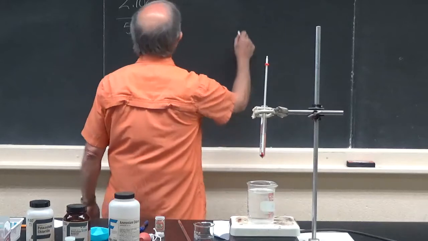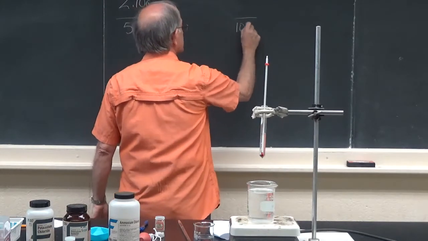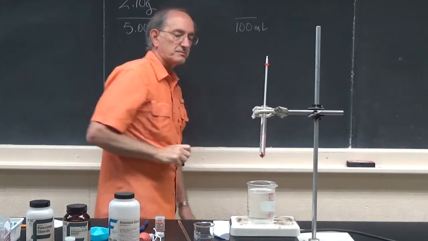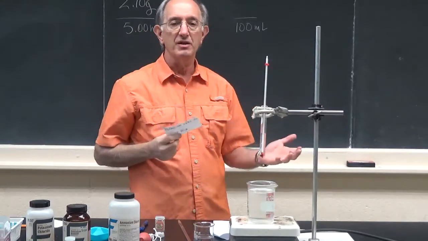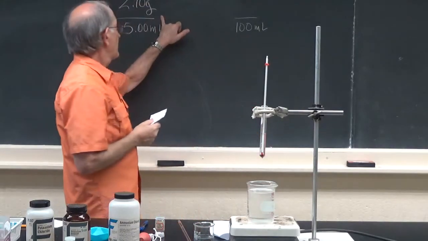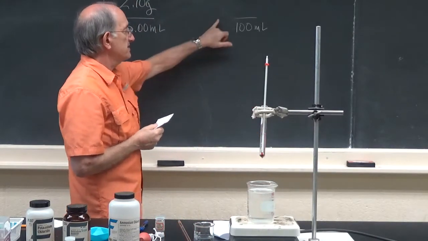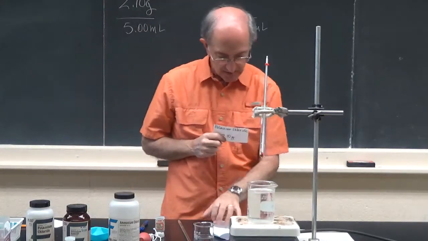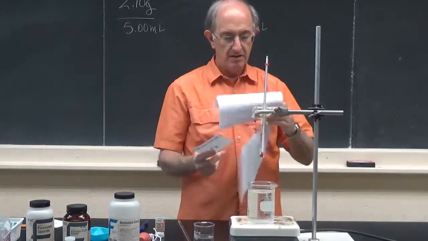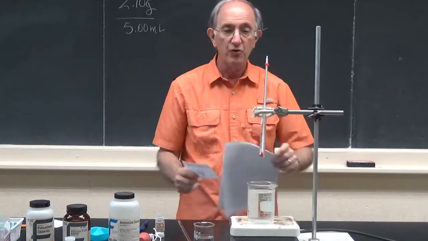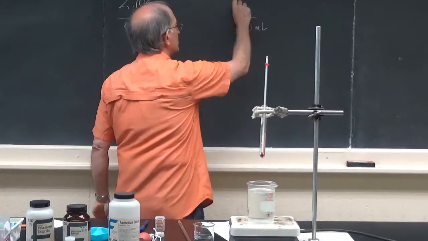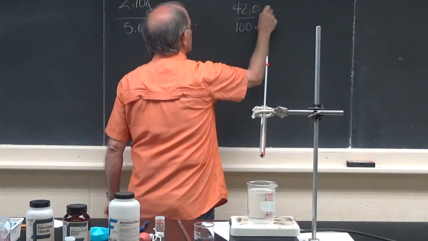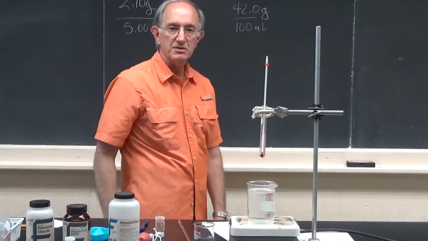Okay? So you can set up a simple equality. 2.1 grams in 5 milliliters is the same as, and I did this already, 42.0 grams in 100 milliliters. Okay?